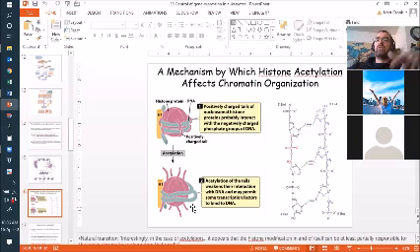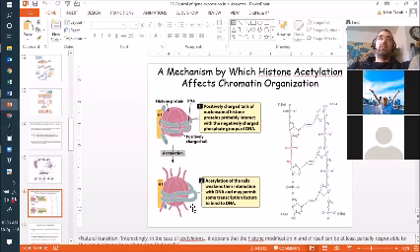And those different residues get acetylated in response to different cues. For example, maybe smoking, if people still smoke crazily enough, will result in acetylation of particular lysine residues, but not others.